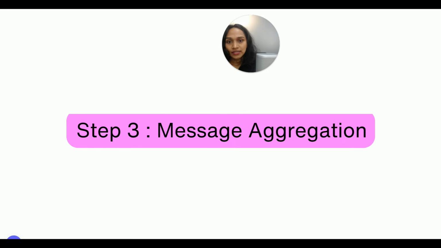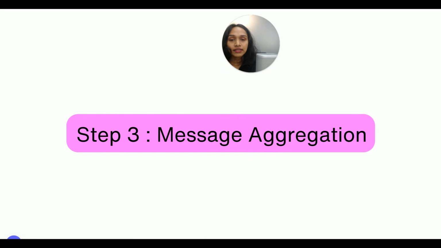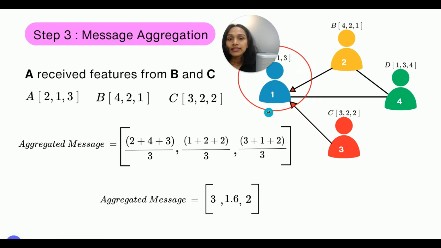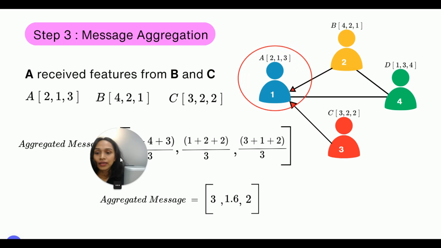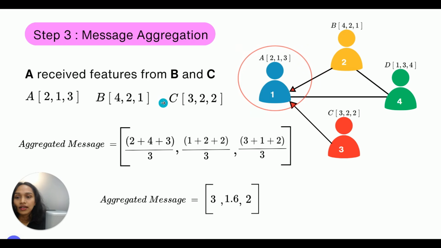So after message passing, all these nodes passed their feature vectors to their neighboring nodes, and all the nodes received feature vectors from their neighboring nodes. So the next step happens, message aggregation. Now A received its features from B and C. So now A has its feature vector 213, and it received features B421 and C322.